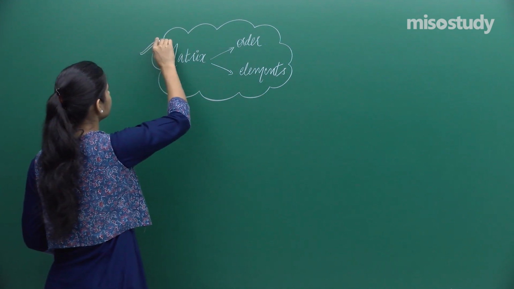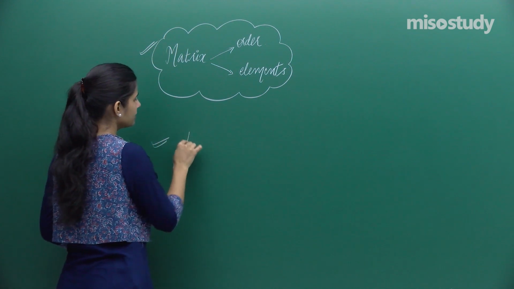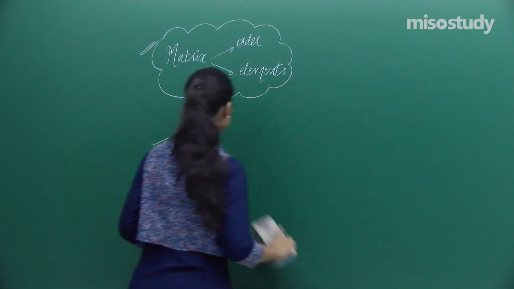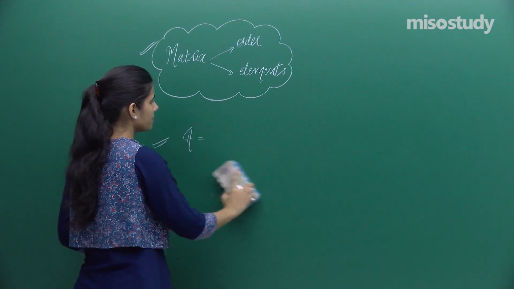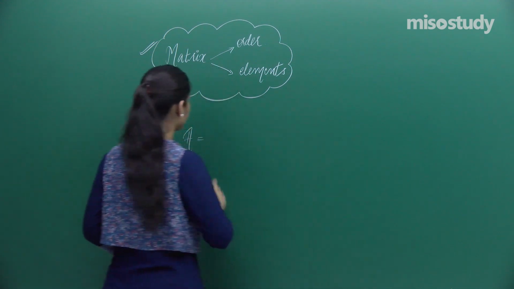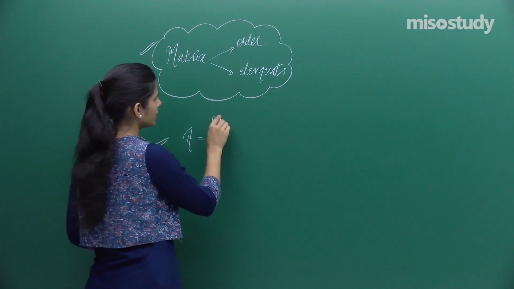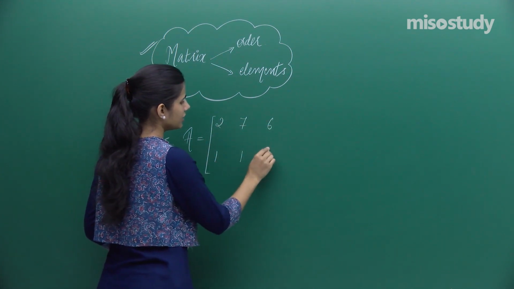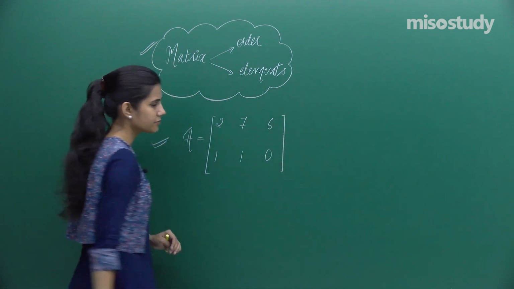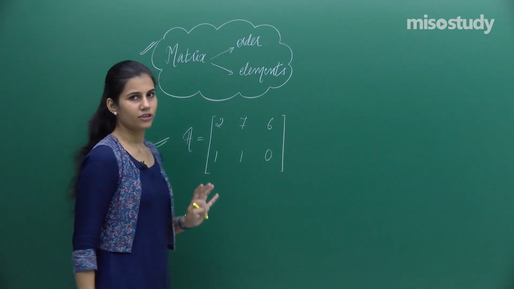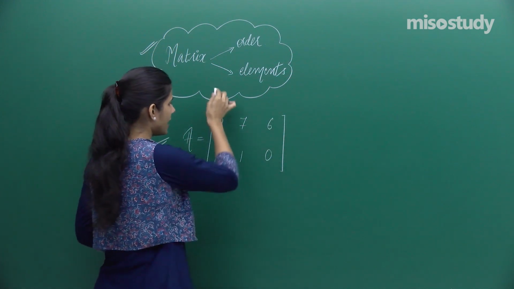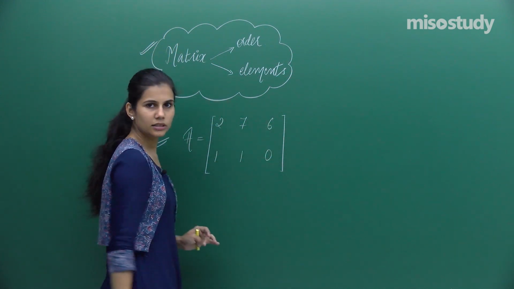Secondly, suppose A is my matrix, let me just write it down like this. You can make square brackets, sometimes people make these simple brackets as well. Suppose I write 2, 7, 6, 1, 1, 0. Now this is a matrix of which order? You can see there are 2 rows and 3 columns, right?